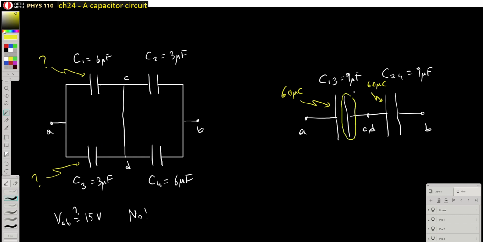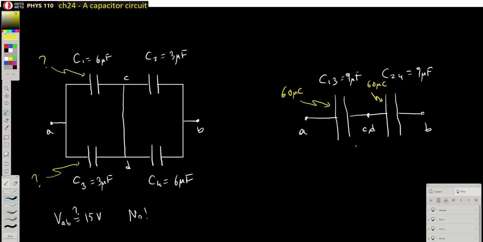This plate corresponds to the total charge on these two, plus that plate, which corresponds to the total charge on these two. So the sum of the charges on these two plates has to be equal to 0. And that's why we have 60 microcoulombs on that plate in here. In any case, let's continue.